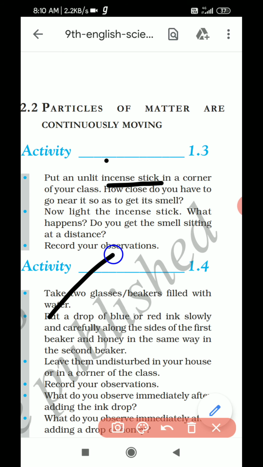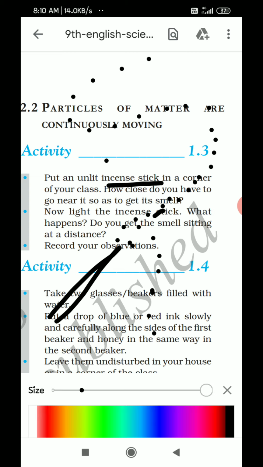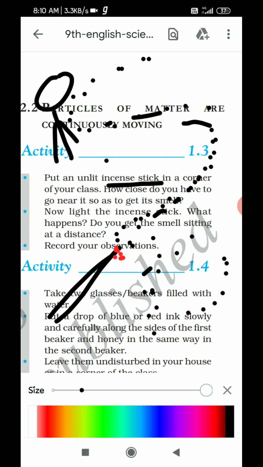So the smell is continuously moving randomly in every direction, isn't it? When I light the incense stick, the particles of the incense stick move randomly everywhere, so that a person wherever standing or sitting can sense the smell.